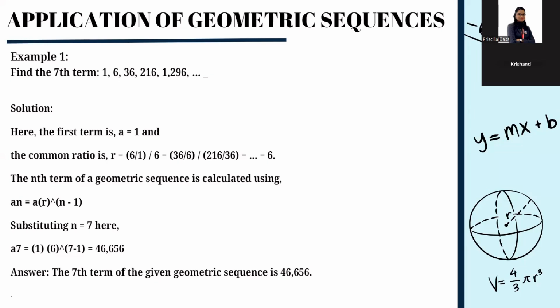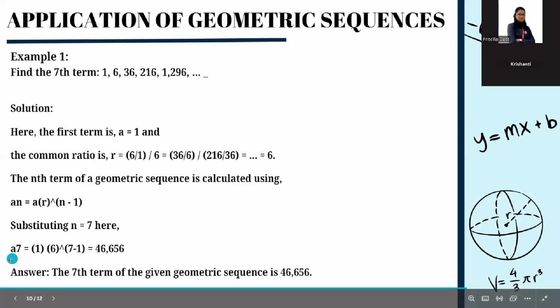For the nth term of the geometric sequence, we calculate using the formula aₙ = a × rⁿ⁻¹. We substitute the term number given in the question, which is the seventh term, so we use 7.